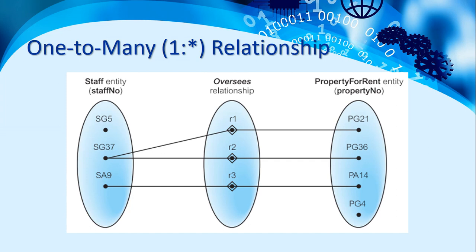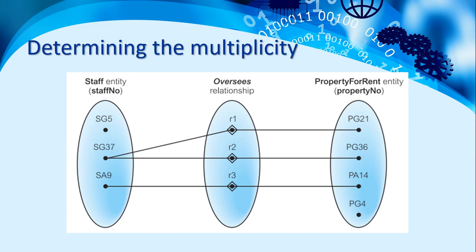So each relationship, again, each relationship here represents the association between a single staff entity occurrence and a single property for rent entity occurrence. Now, how do we determine the multiplicity of each entity?